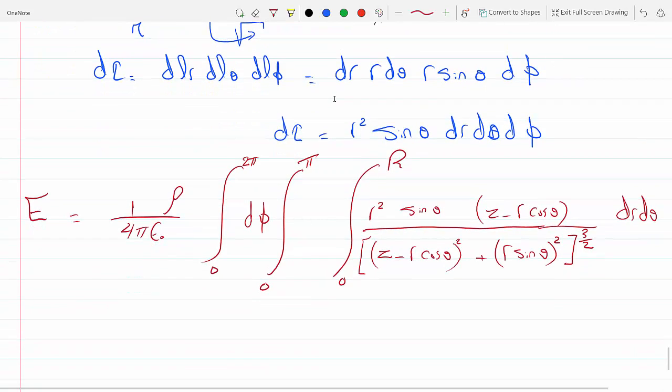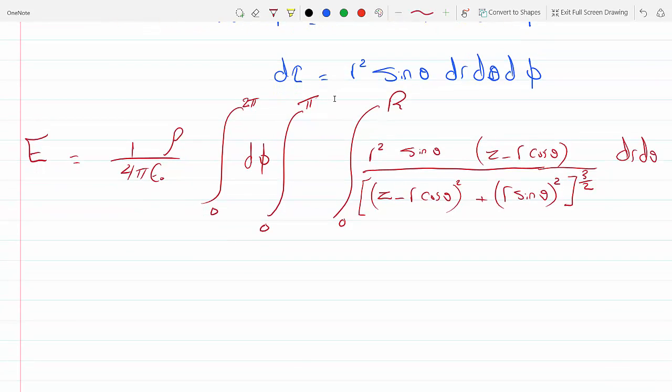So this is how the integral will look. Of course, this is not a very straightforward integral. It nonetheless could be simplified, because if you simplify this a bit, you do get z squared minus 2zr cosine theta plus r squared cosine squared theta, and the second one will give you r squared sine squared theta.